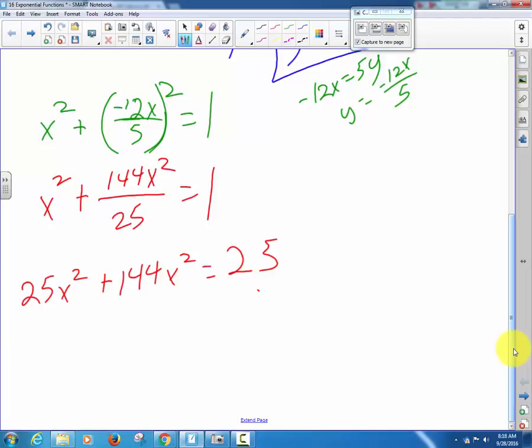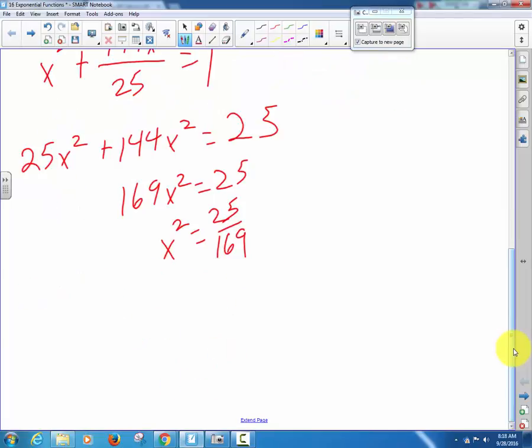That's just multiplying everybody by 25. 25 and 144 is 169. 169x squared equals 25. All right. So x squared equals 25 over 169.